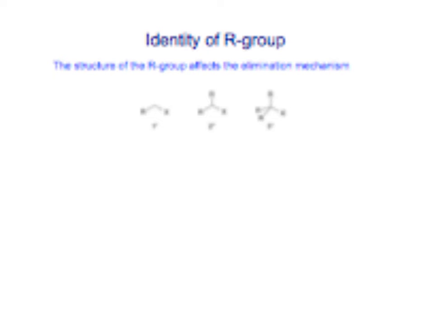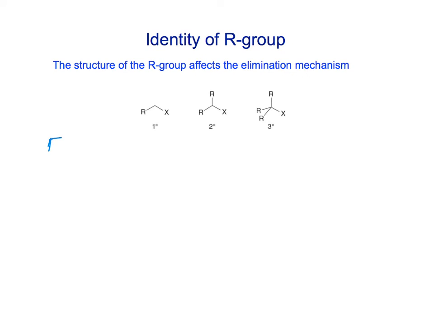Remember, for substitution reactions, the more substituted the alkyl halide became, the slower the reaction took place. But in elimination reactions, in E2 mechanisms, remember this is the single-step mechanism, it is going to get faster as we go from primary to secondary to tertiary.